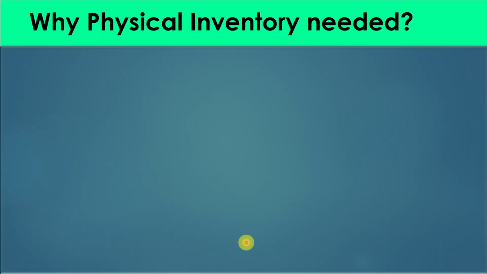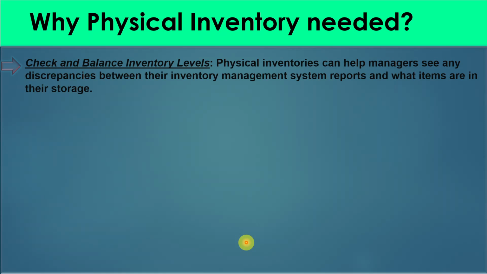Then we will see why physical inventory is needed. Physical inventory is needed so we can ensure an accurate tally of existing materials. First, we need it to check and balance the inventory level.